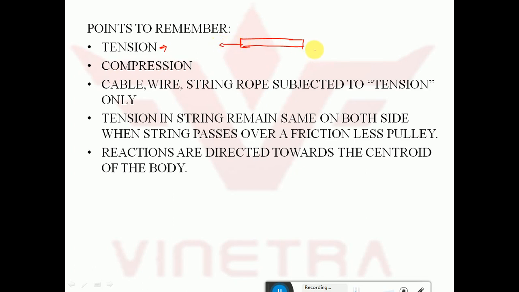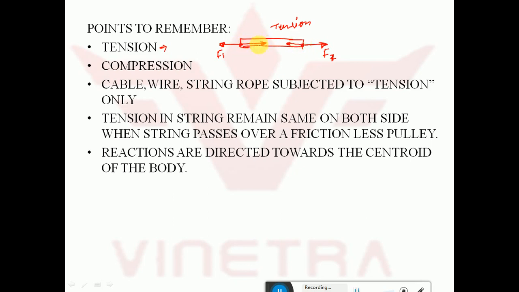So see here, let us take two forces F1 and F2 acting on a body in opposite directions, and they are stretching the body. So this body is in tension. Because of the application of force, there is a response developed in the body, and the response developed will be away from the point of application of force.